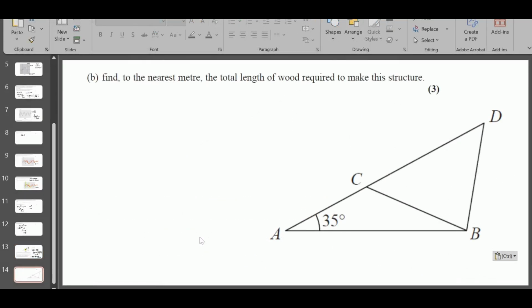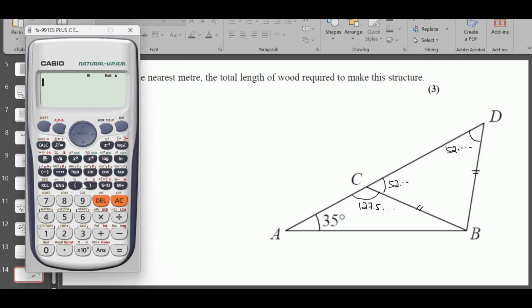Let's look at part B now. We know this angle is 127 point something. So this is going to be 180 minus this. That's going to be 52 point something. Since these two are isosceles triangle, this also 52 point something. The value, I stored it as A actually.